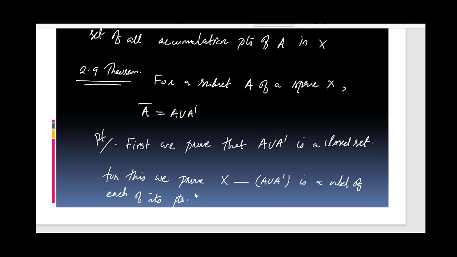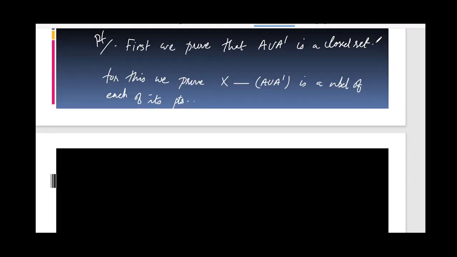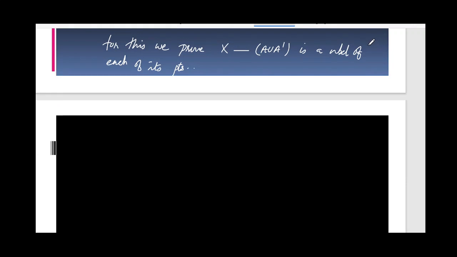This we have seen: in order to prove something is open, it is enough to prove that it's a neighborhood of each of its points. So what do we want to do? We want to take a point from X minus A union A dash. So let Y belong to X minus A union A dash. And we want to prove that there exists an open set of Y completely contained inside X minus A union A dash.